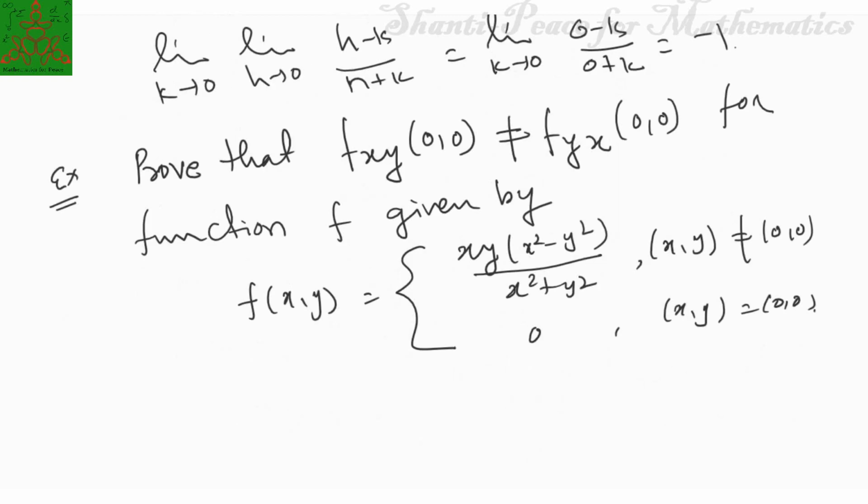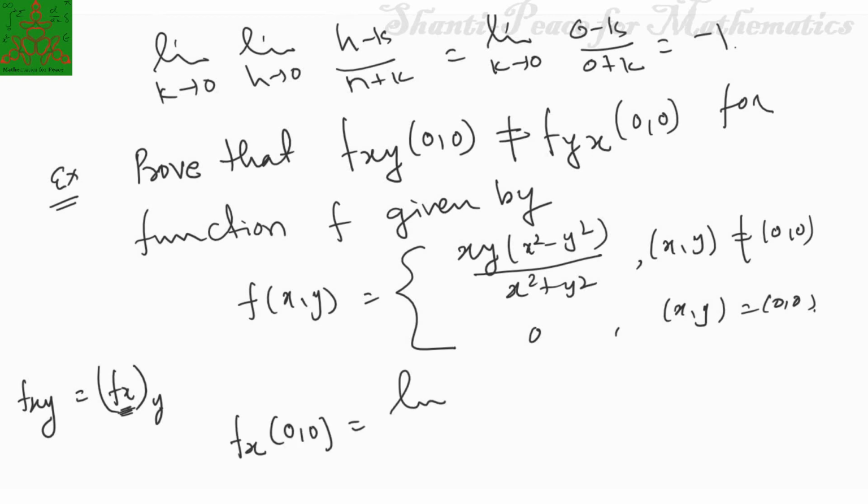The first thing that we need to calculate is f_xy. If you want to calculate f_xy, it is looking at f_x at y. First we are calculating what is f_x. What is f_x at (0,0)?